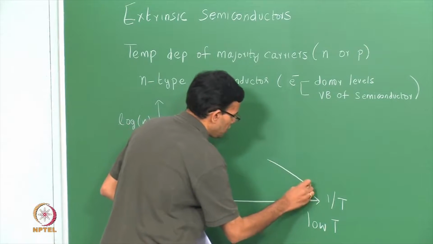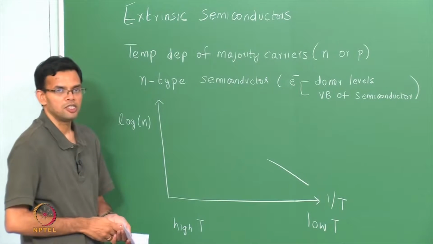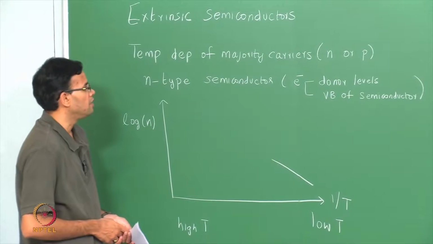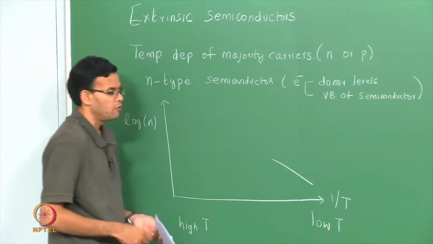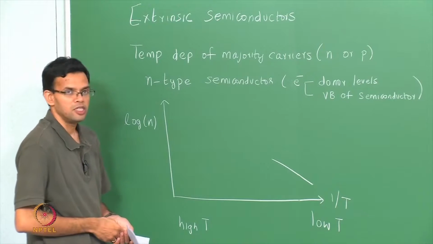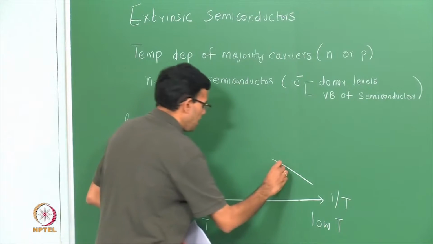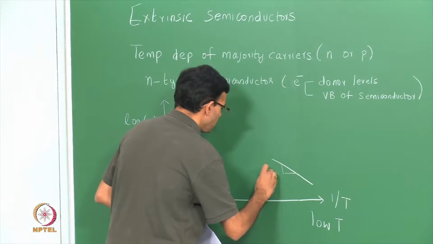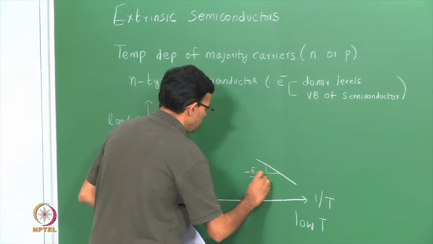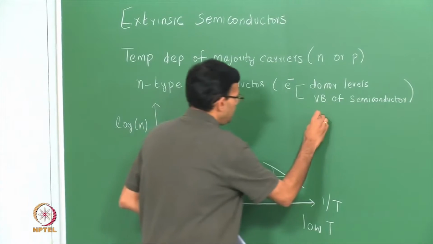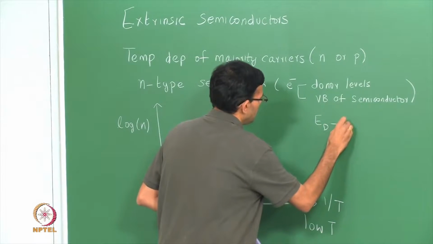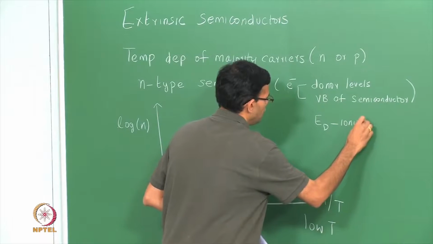At low temperature, the concentration of electrons is dominated by those electrons that come from the donor level. So, if you plot n versus 1 over T, you are going to get a straight line with a slope that was given by the ionization energy. So, ED is the ionization energy of the donor.